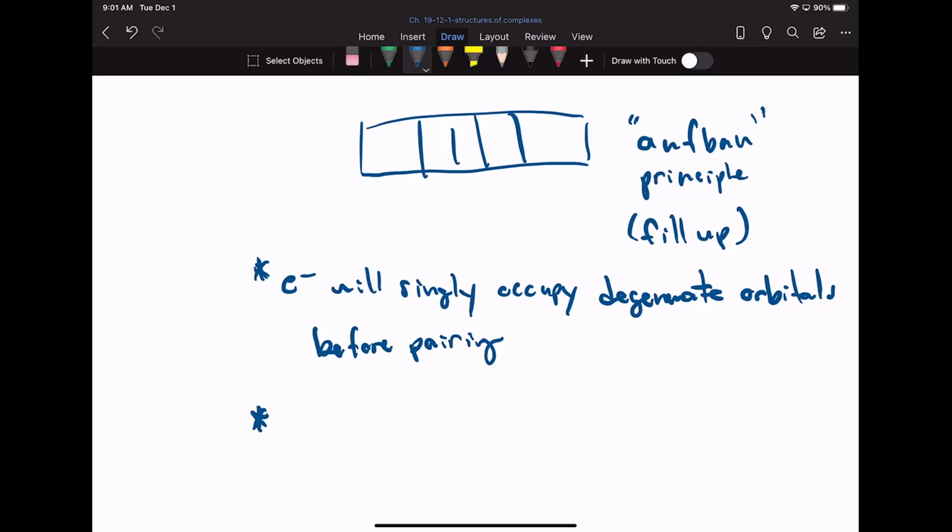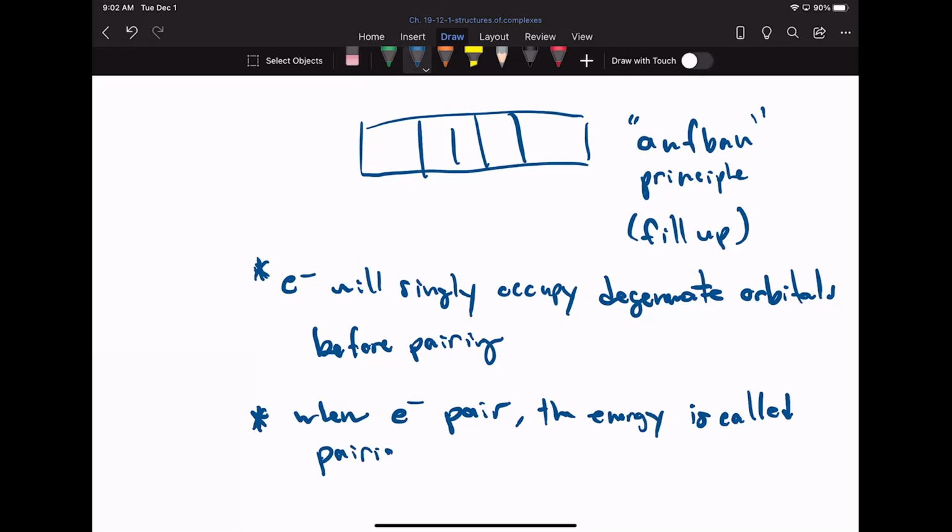When electrons pair, the energy they use is called pairing energy, or capital P here.